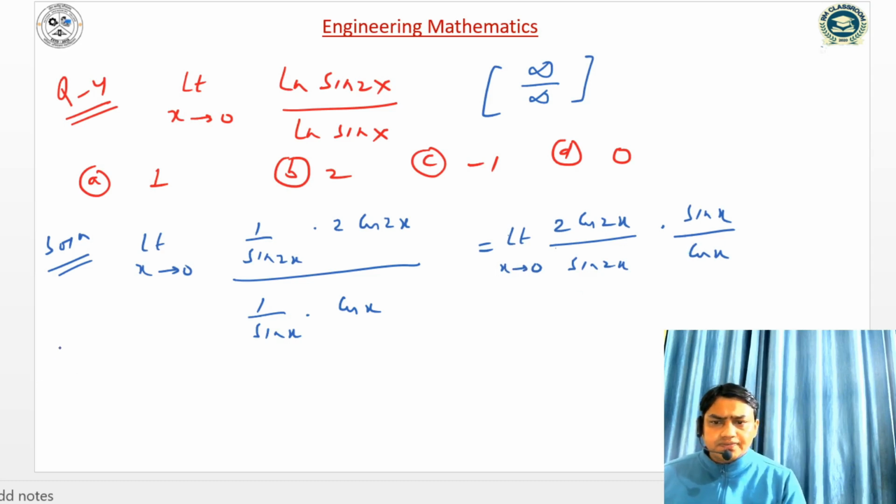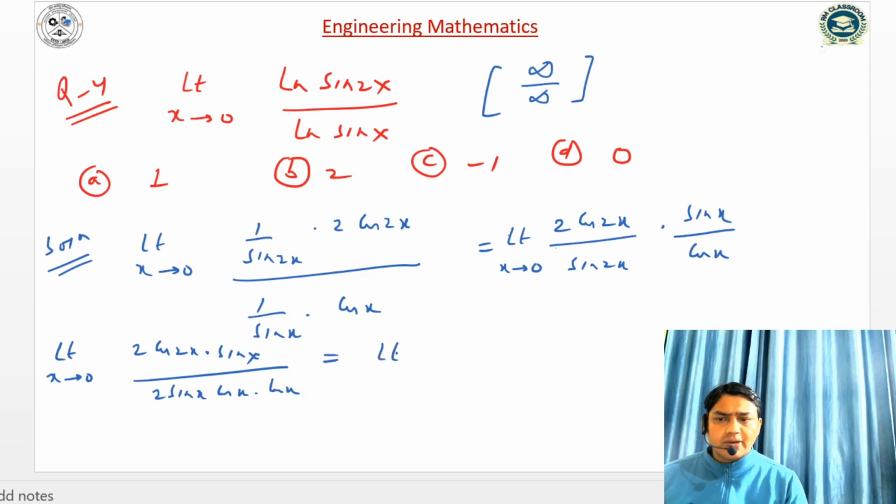So we can write limit x tends to 0, 2 cos 2x into sine x divided by sine 2x, which can be written as 2 sine x into cos x into cos x. So 2 sine x cancels. So we can write limit x tends to 0, cos 2x divided by cos square x. If I put the value, cos 0 divided by cos 0, the value will be unity. So A option is correct.